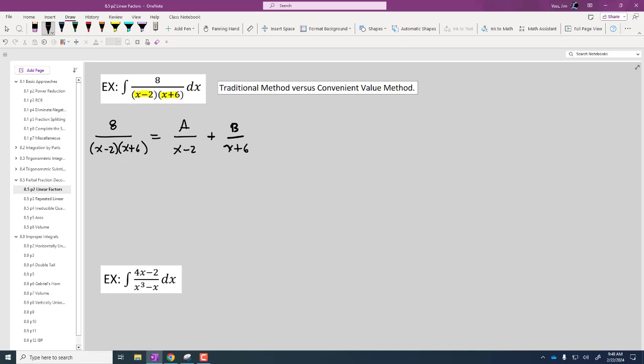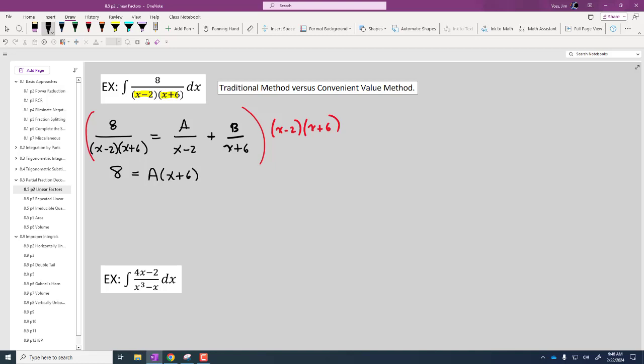And now we just do basic algebra. We're going to clear out the fractions. So we're multiplying the entire equation by x minus 2 times x plus 6, which cancels with the denominator on the left. We're doing what we normally would do to clear the fractions. When this distributes to the first fraction, there's one common factor that will cancel, so we're left with a multiplied by x plus 6.